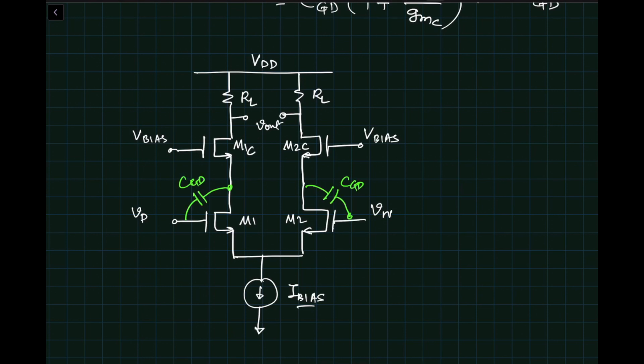The gain from the input to the intermediate node is only minus 1, because looking up we see something like a 1 over GM node, and looking down we have R out of M1, so GMC will dominate, as a result of which we have a gain of minus 1. So this is the cascoded differential pair where you can eliminate Miller effect using cascode transistors.